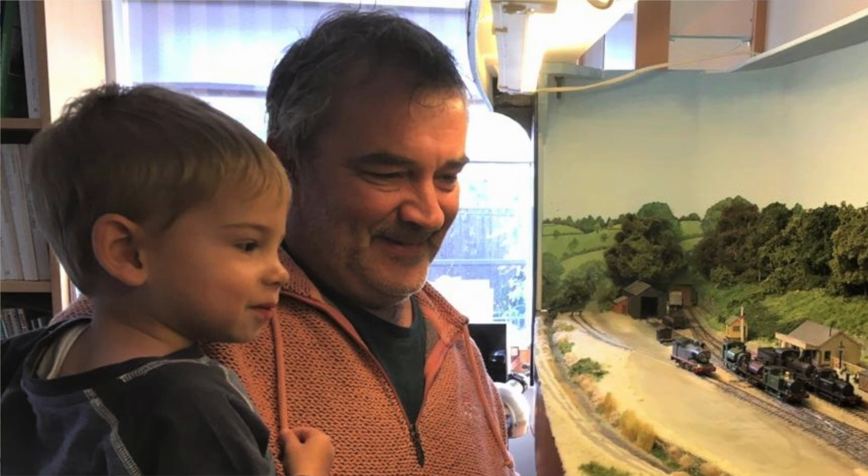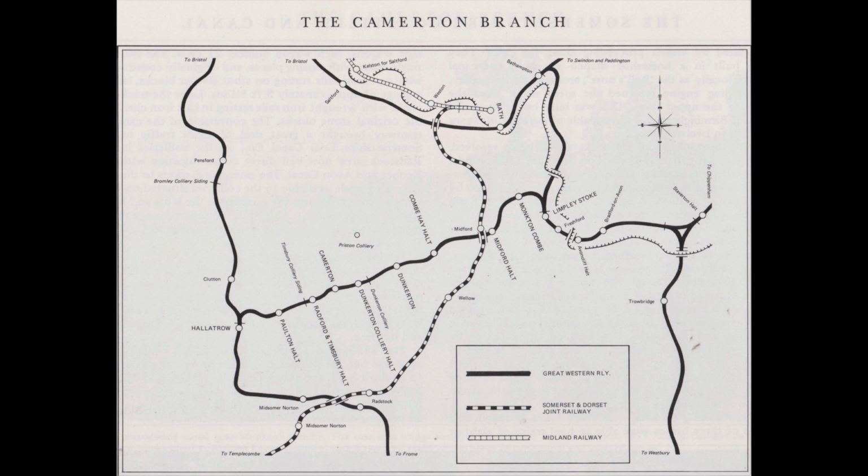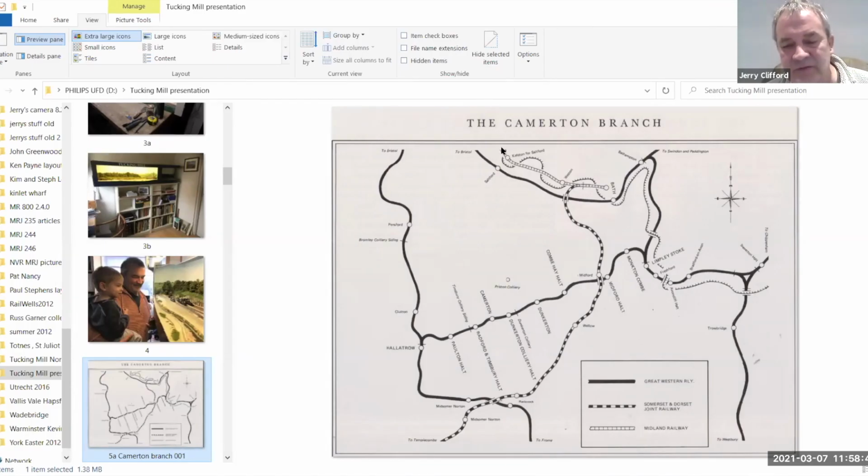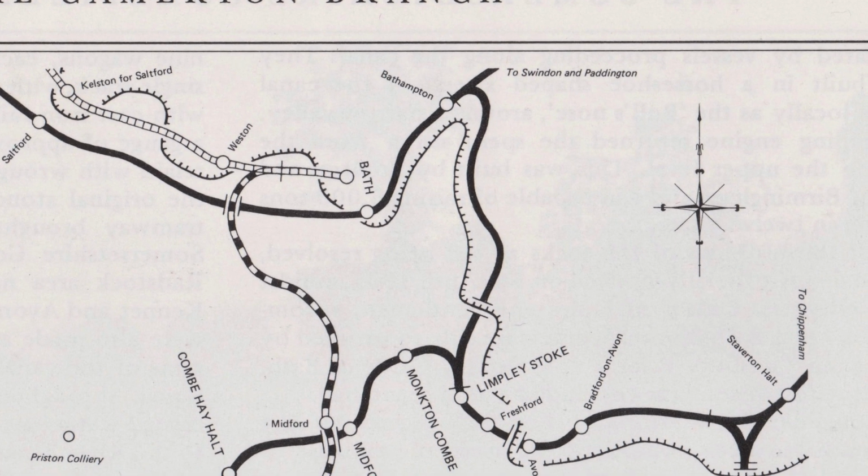So, the North Somerset Light Railway. This is a map. You can see this checkered line here. For those who don't know the area, this is the Somerset and Dorset. Here's Bath here. That's the Midland line heading off to Mangotsfield and the north, and also Bristol, of course.